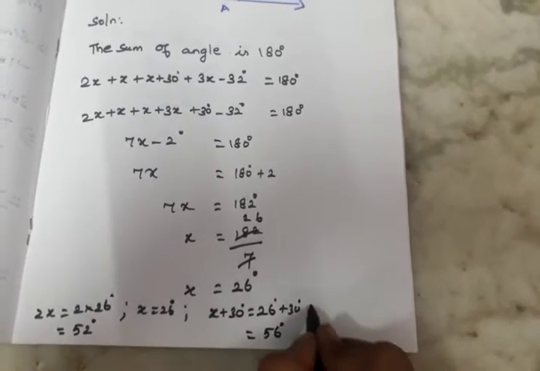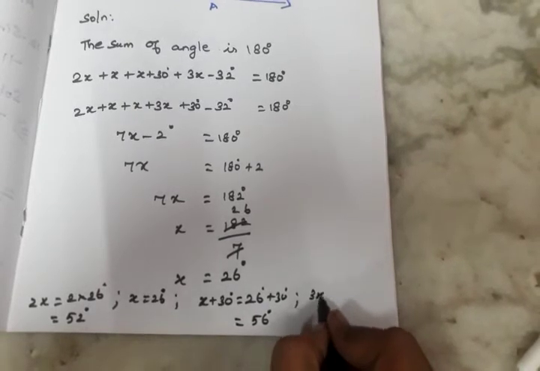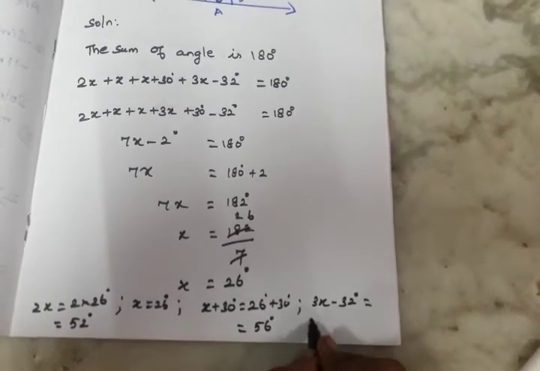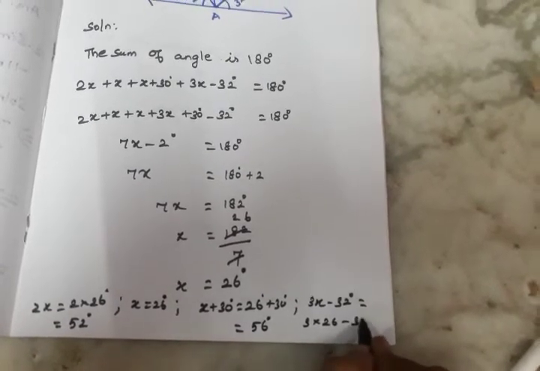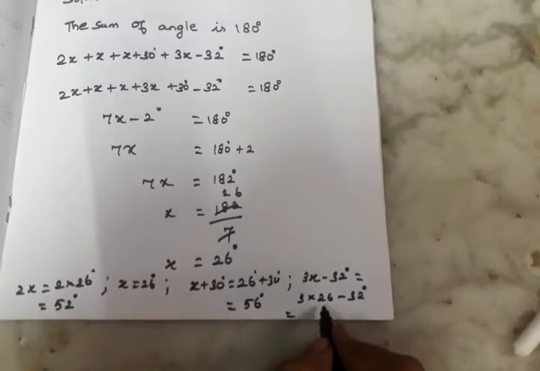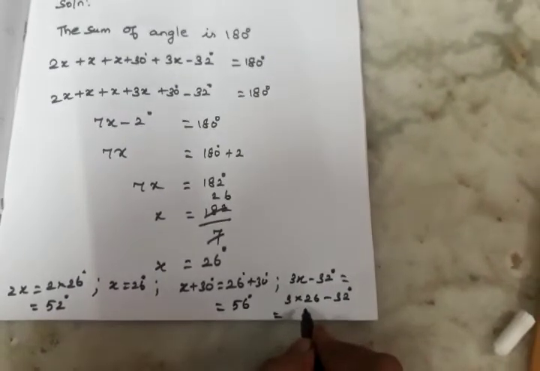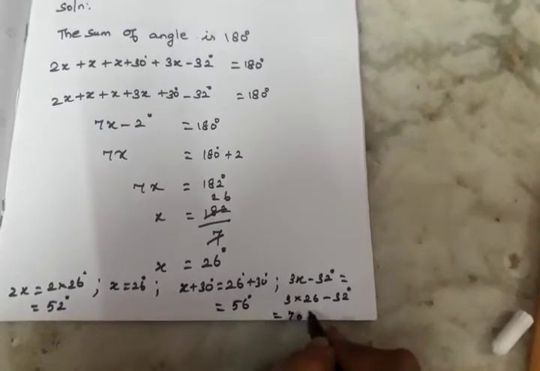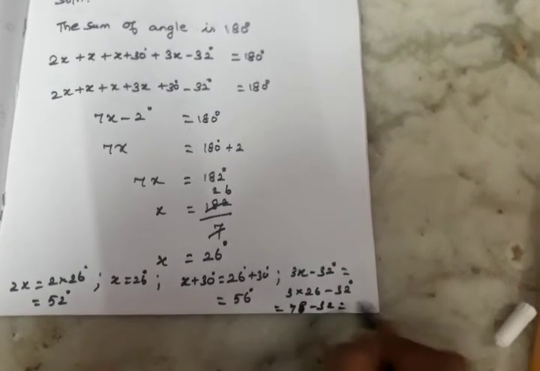Okay. Then next, 3x minus 32 degrees equal to 3 into 26 minus 32 degrees. 3 sixes are 18, 3 twos are 6, that is 78. 78 minus 32 is 46 degrees.